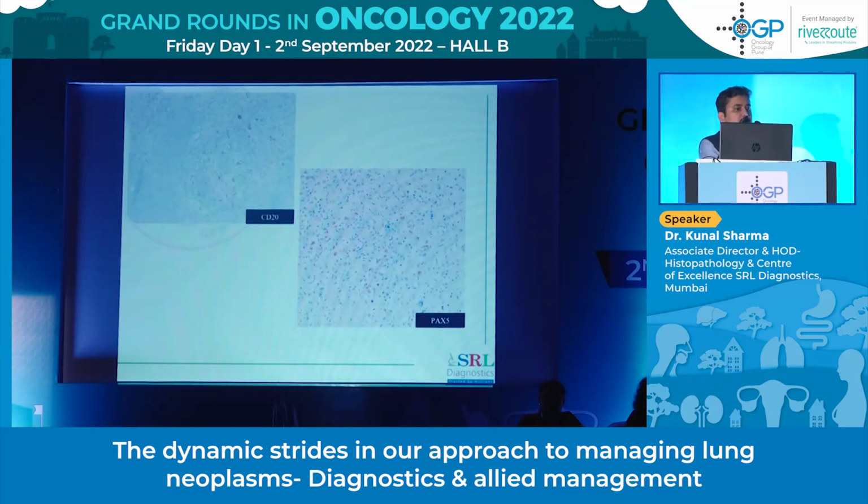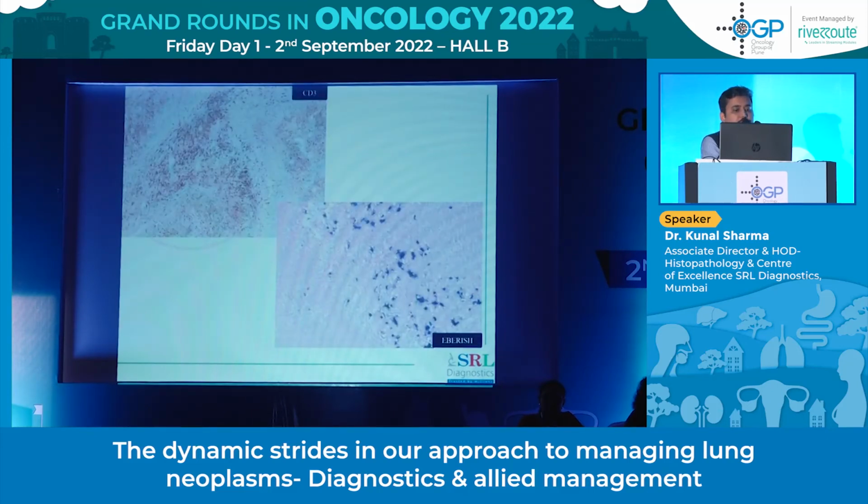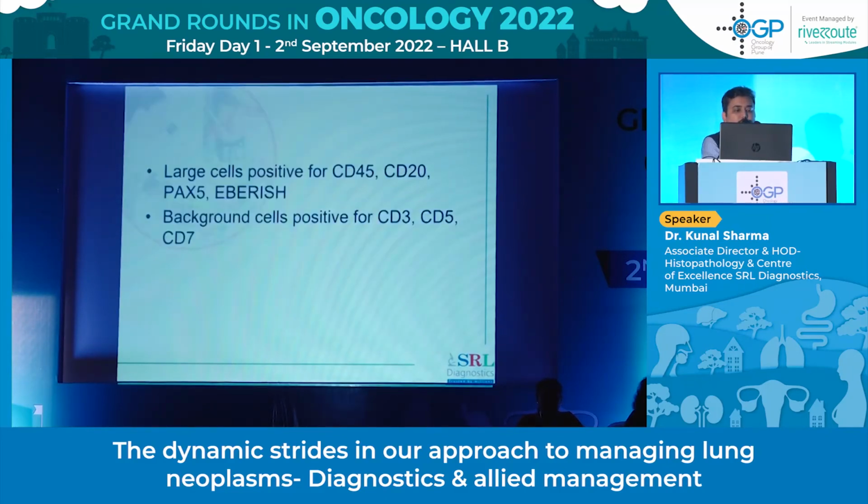So what came positive was that the large cells were positive for CD20 and PAX5. Okay. The background cells were positive for CD3. The large cells were also positive for Eber-ISH. So in a nutshell, all the other lineage specific markers were negative.